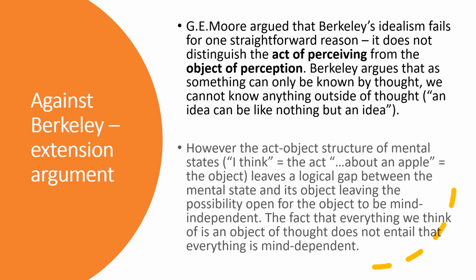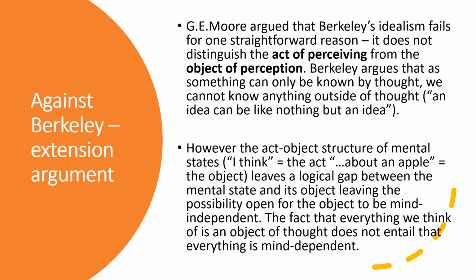Moore points out the act-object structure of mental states: so thinking would be the act, and an apple would be the object. This leaves a logical gap between the mental state and its object, leaving the possibility open for the object to be mind independent. So the fact that everything that we think of is an object of thought does not, for Moore, entail that everything is mind dependent.